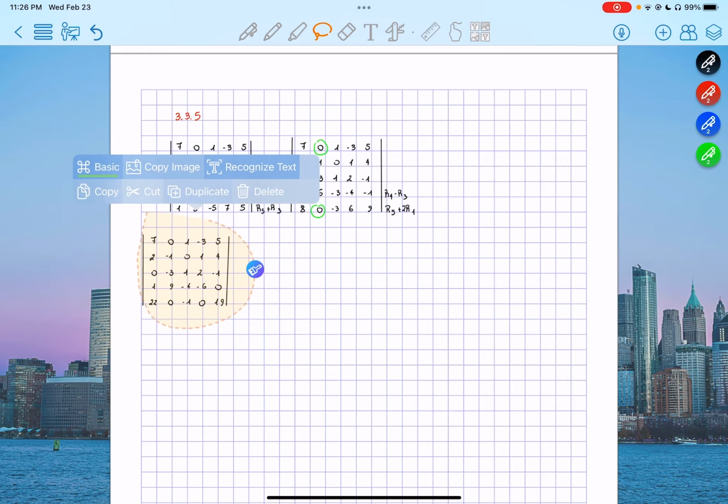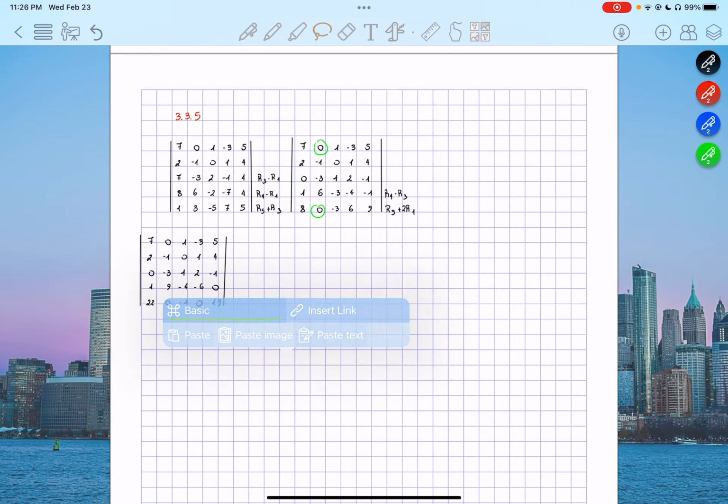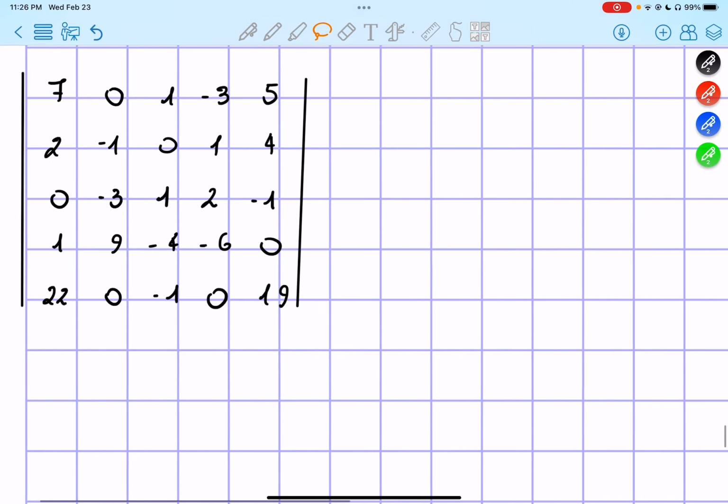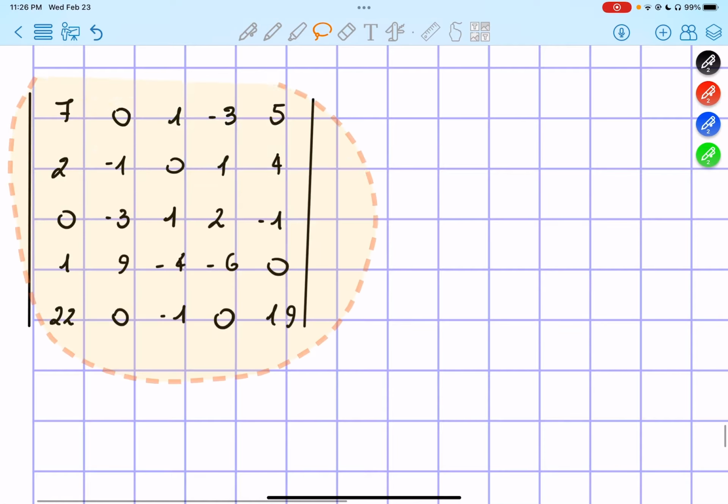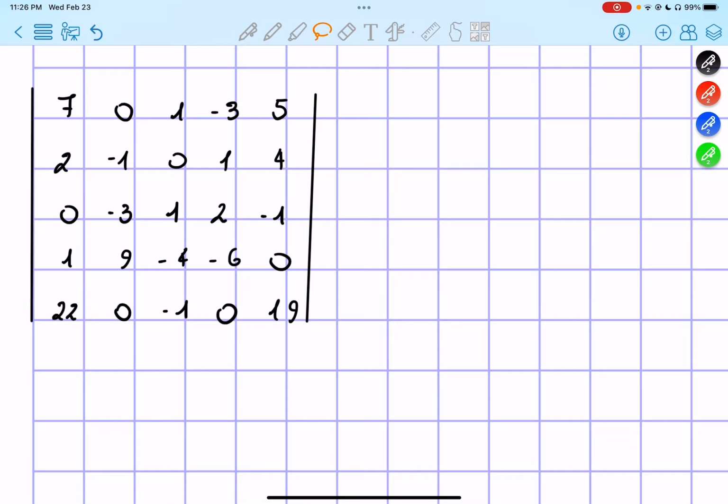And smooth over here, so I have more space. Okay, so now based on what I have, let's see. I can do row 1 plus row 5.